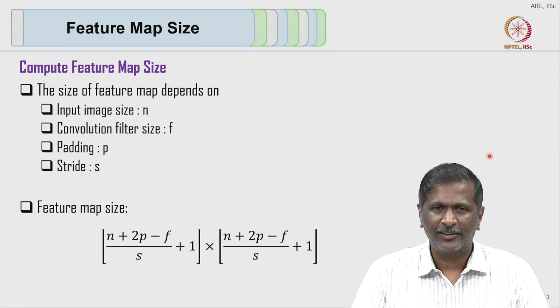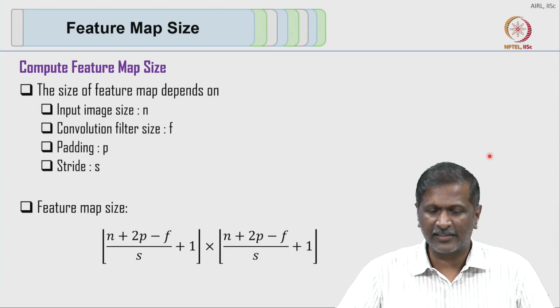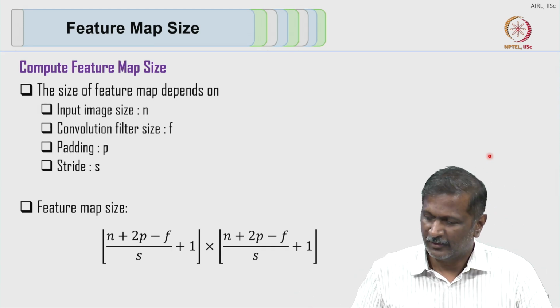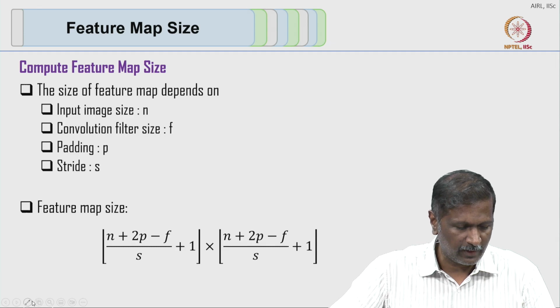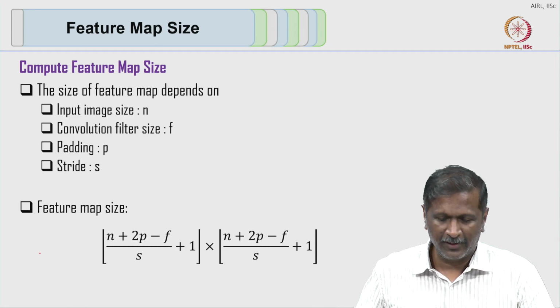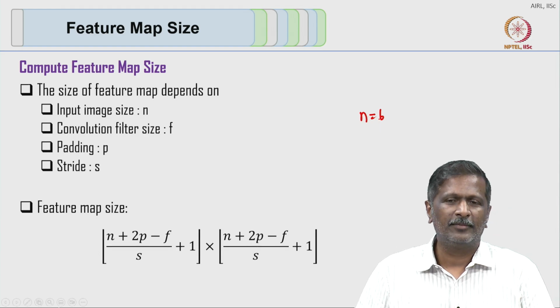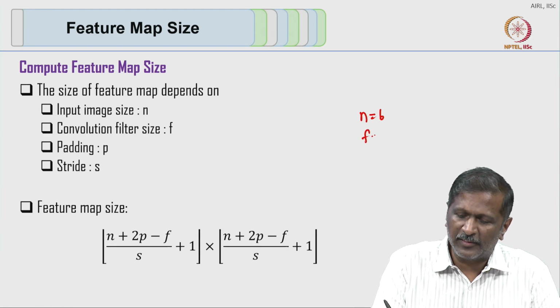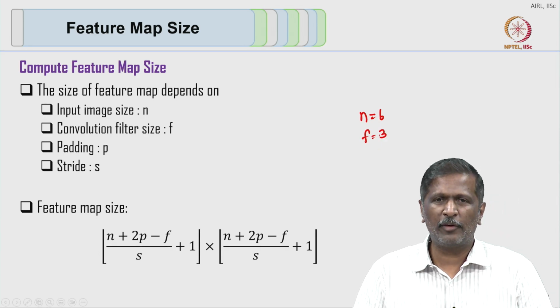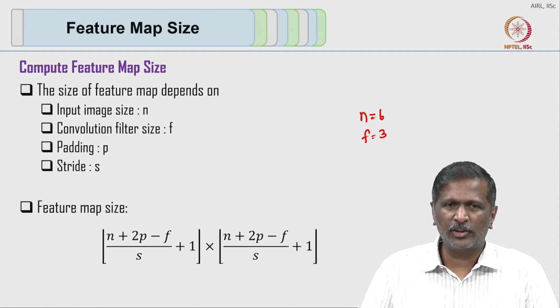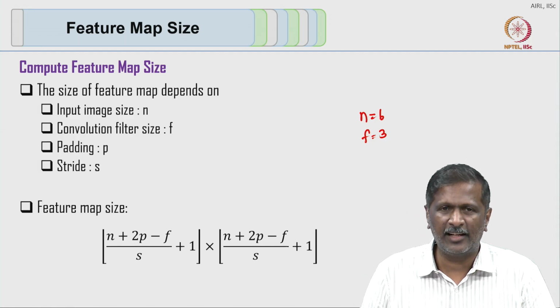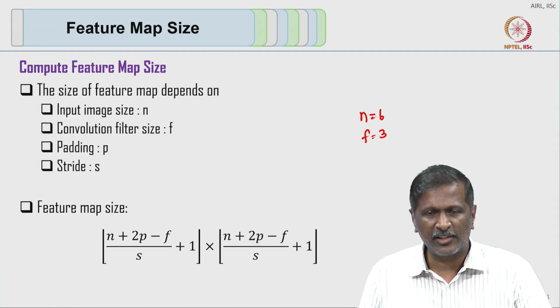That defines it. So let us say 6 cross 6 is my input, so n is 6. What is my filter size? f is 3. Now I want to find out what should be my p and s such that the feature map is also 6 cross 6.